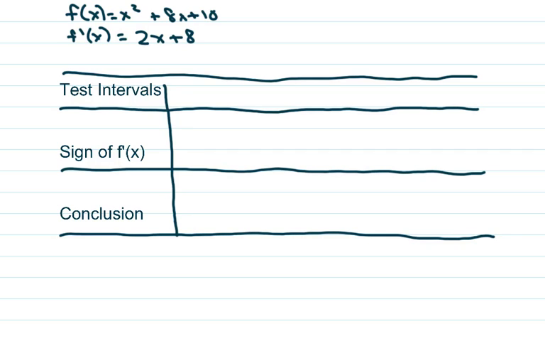It's a polynomial, so we know that our domain usually is all real numbers, but since we have a critical number at x equals -4, we're going to divide our test intervals with -4. And then we're going to go from -4 to infinity.